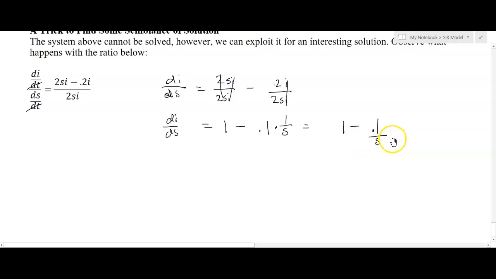In fact, even better, it's not only a separable differential equation, but think about this as you would in Calc 1, dy dx, or in Calc 2, equals 1 minus 0.1 x to the negative 1.